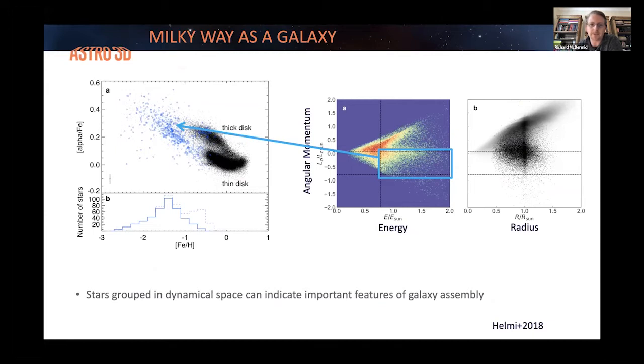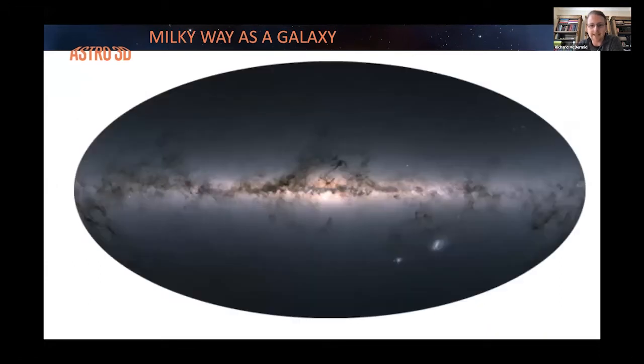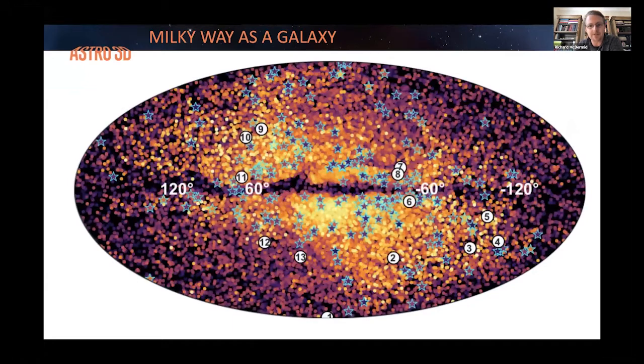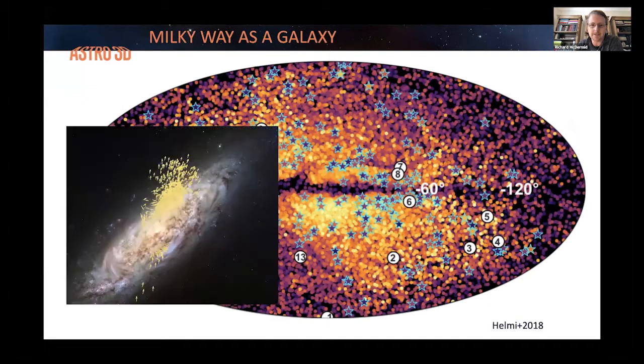So breaking up the stellar motions into, in this case, angular momentum and energy, and selecting stars in this dynamical space and seeing that they actually project to interesting locations in chemistry space. And the net result of that is that, in amongst this field of stars, you actually have correlated structures, overdensities in chemistry and in their dynamics. And this, as I said, harks back to a rather dramatic event in the Milky Way's history.